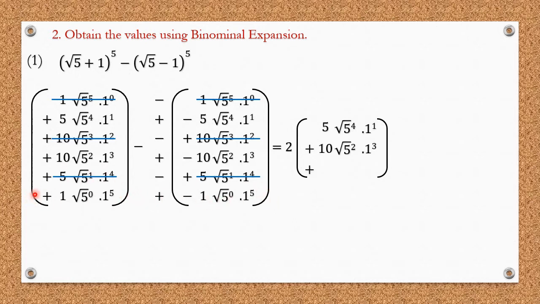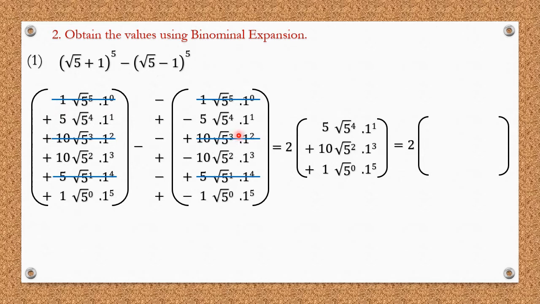That means these are a group of similar terms. So one group, two group, three group. There are three groups of terms which are similar. So rather than writing down all the six terms, we will only write three terms and then multiply these three terms with 2. That means if I write this term and then multiply it with 2, I will get the total of these two.